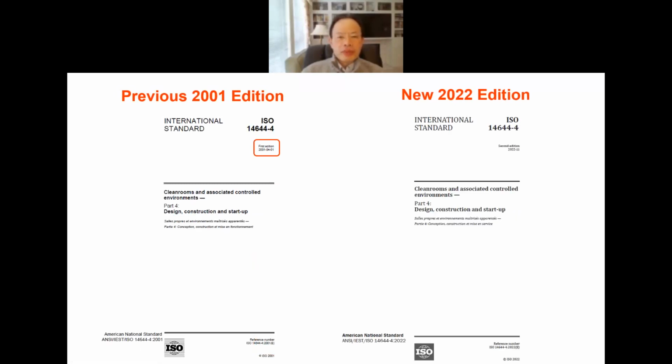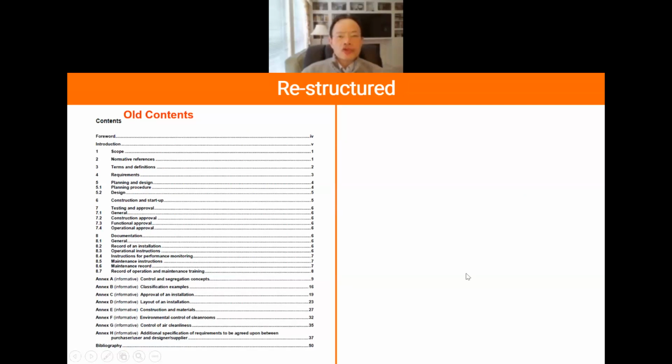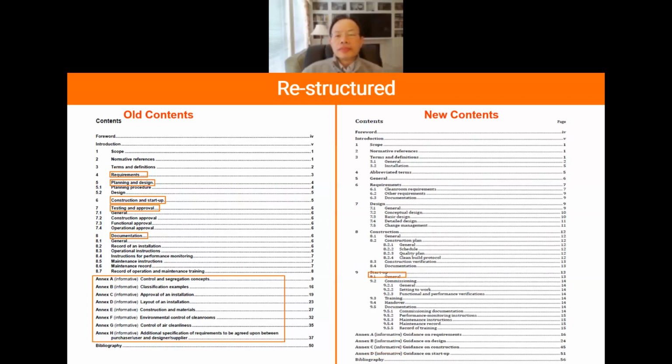If you look at the cover page, there's not much difference. Basically it's the replacement of the year, and we did some restructuring. These are the previous contents: requirements, planning, design, construction, startup, training and approval, documentation, and many appendices or annexes. We restructured the document slightly differently. It used to be planning and requirements.